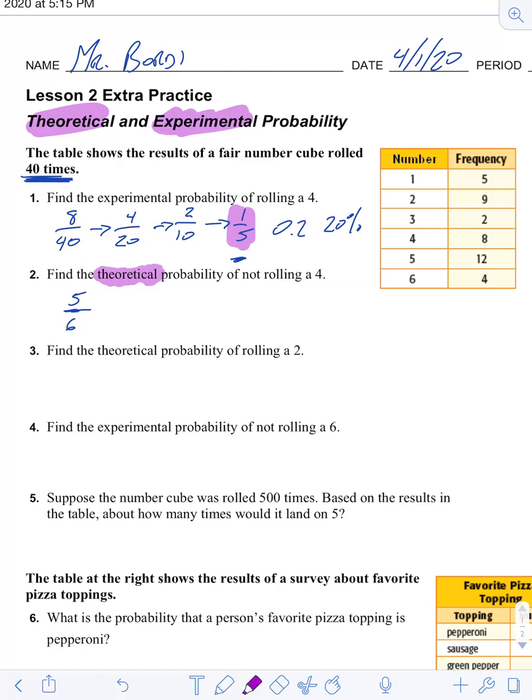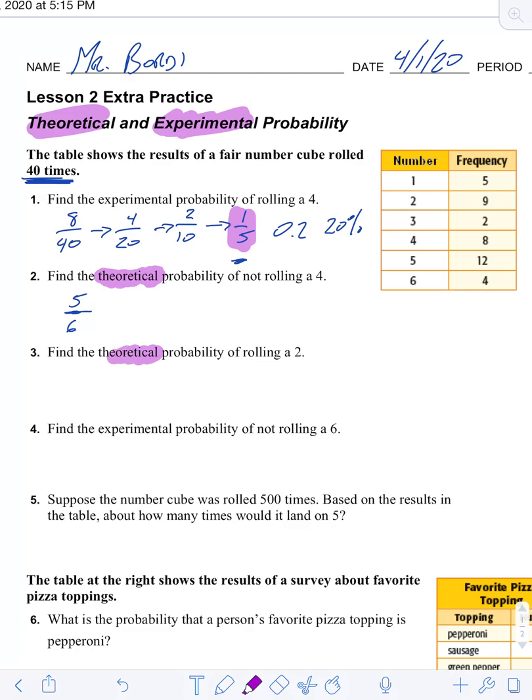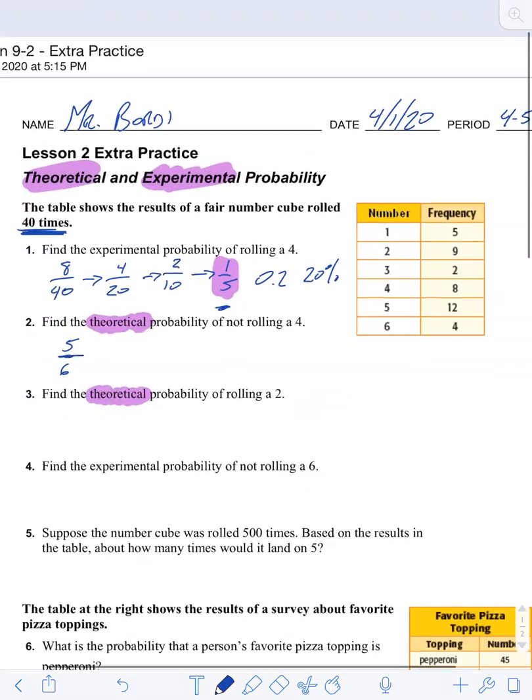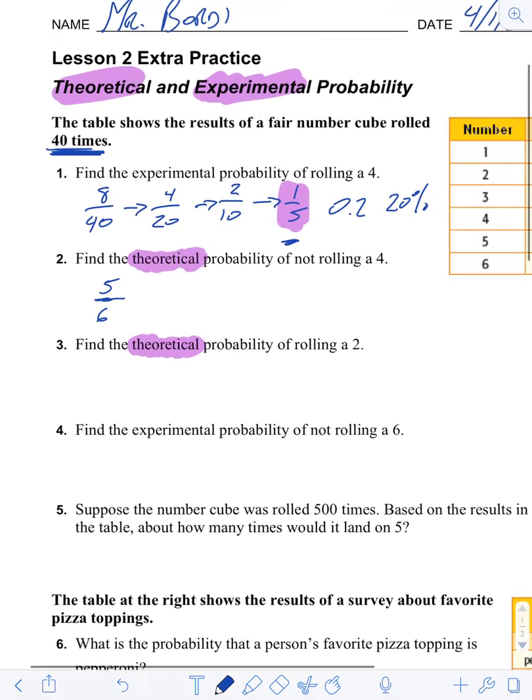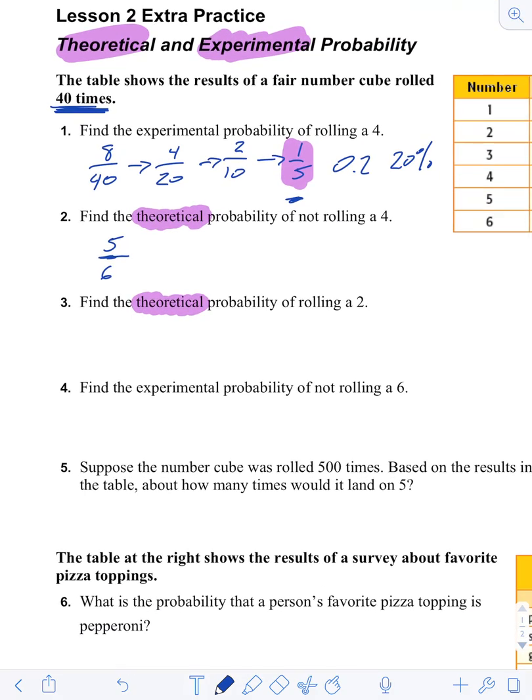Now, number 3. Find the theoretical probability of rolling a 2. So again, I'm not worried about the experiment here in this table. I'm not worried about the 40 times. I just want to know in theory the probability of rolling a 2. Well, again, how many numbers are on that number cube? 6 numbers.